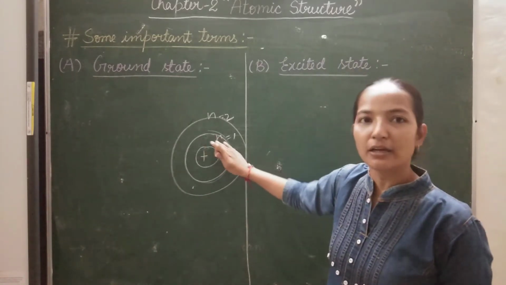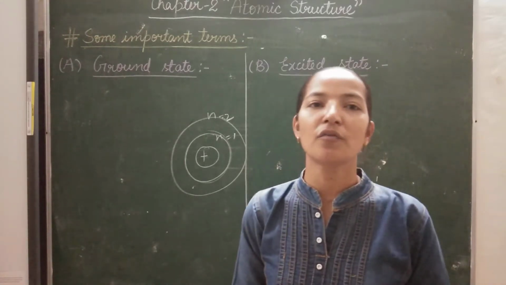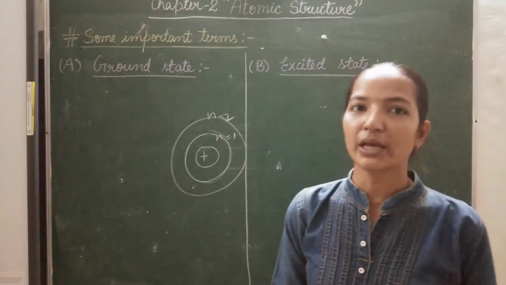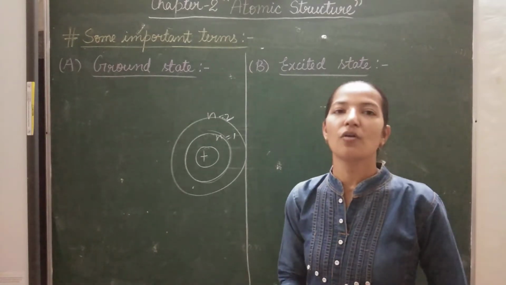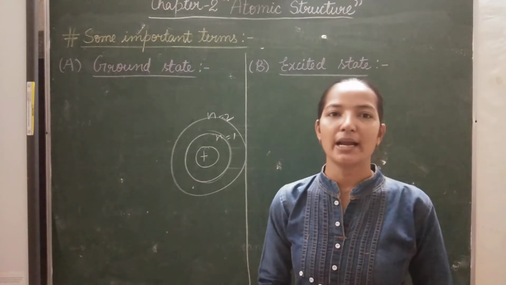So in any atom, n equals 1 represents the lowest energy state of any electron in an atom. So ground state is the lowest energy state of an atom, or of an electron in an atom.